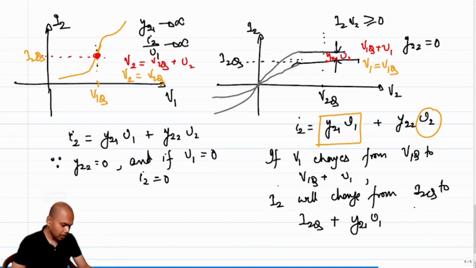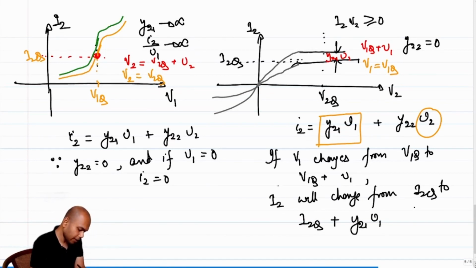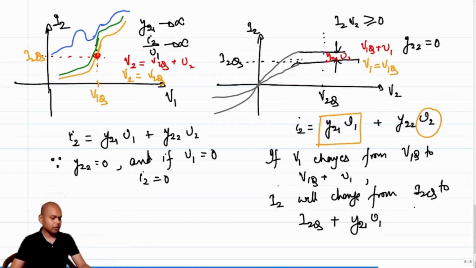But note that this curve will have exactly the same Y21 as another curve, let's say, which is shifted upwards but having the same slope at V1Q as the orange line, or maybe another curve which does something completely crazy, but as it appears around V1Q has the same slope and goes something like this.